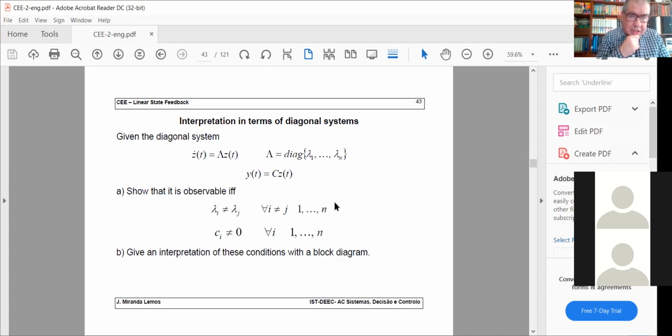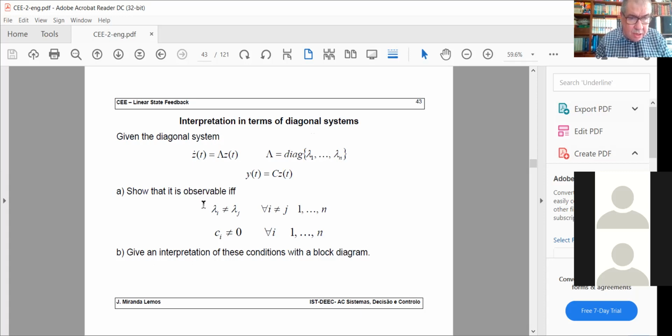Now, let's do one thing which is quite important: an interpretation in terms of diagonal systems, not diagonalizable systems, but systems that are already in diagonal form. Suppose that you have a state realization in which the A matrix is a diagonal of numbers.